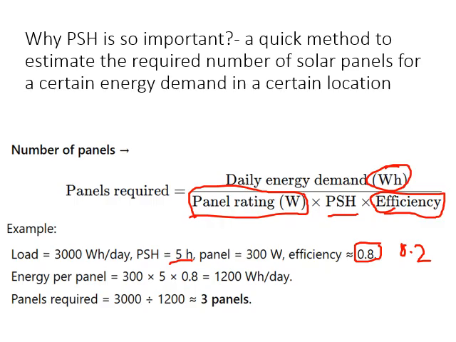You want to know how many panels you need to install, so you can use this formula. We can see the energy per panel is 1.2 kilowatt hour per day. In terms of that, to serve 3 kilowatt hour or 3000 watt hour, we need 3 panels.